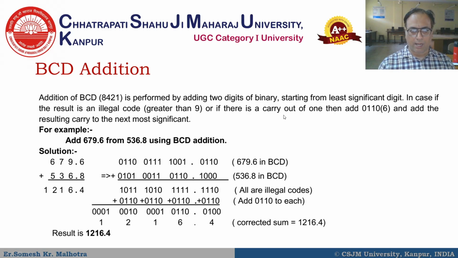Now, as per the definition, if there is an illegal code, in that case, you simply add 6. The equivalent of 6 is 0110, added to each and every code. Now, after adding, 0 plus 0 is equal to 0, 1 plus 1 is equal to 0 with carry 1, and so on.